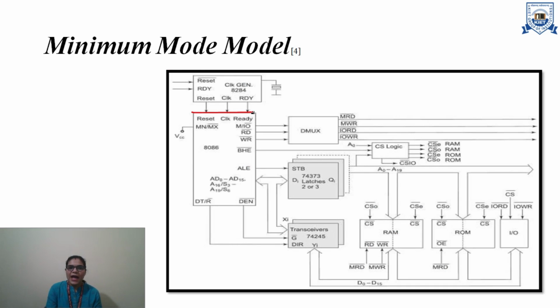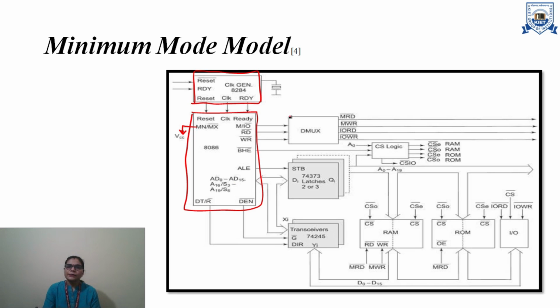Here we have the 8086 microprocessor. It will produce all the control signals for minimum mode as we discussed before. And here the mode pin is connected to VCC to define minimum mode. We have a clock generator which provides the clock input to the microprocessor for its working.